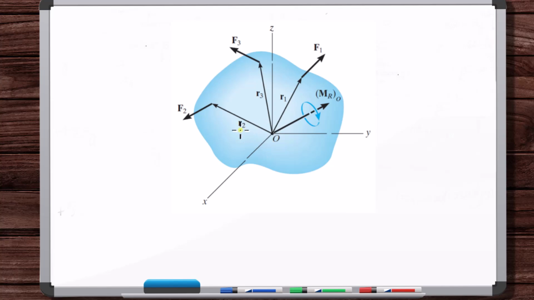We couldn't do that if this is another point A. We can't say R1 cross F1 plus R4 cross F2, because the moment R4 cross F2 is fixed at A, whereas R1 cross F1 is fixed at O. You can't just add those.